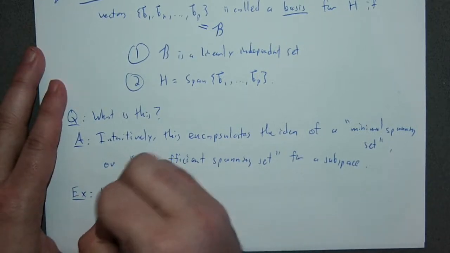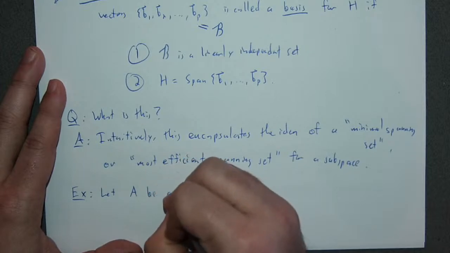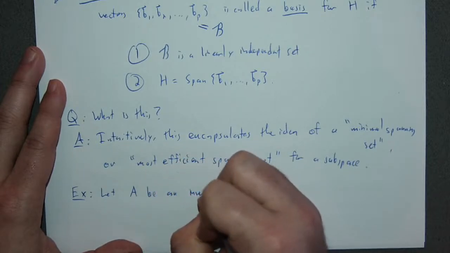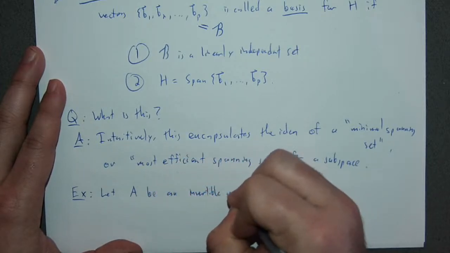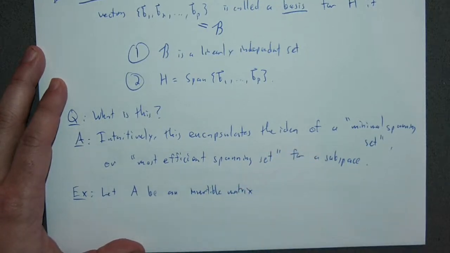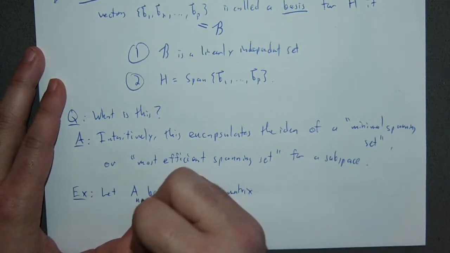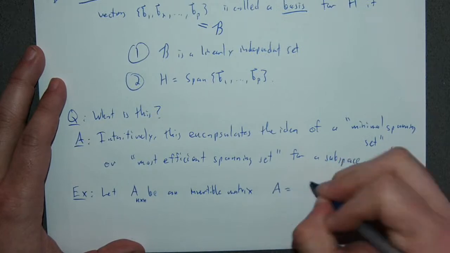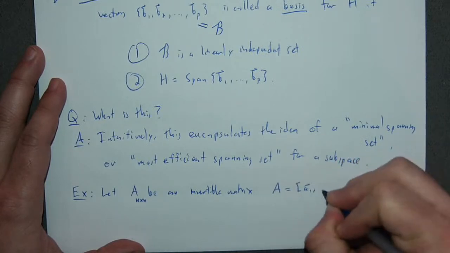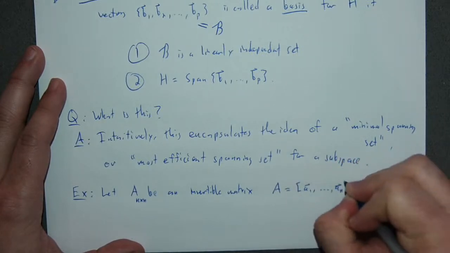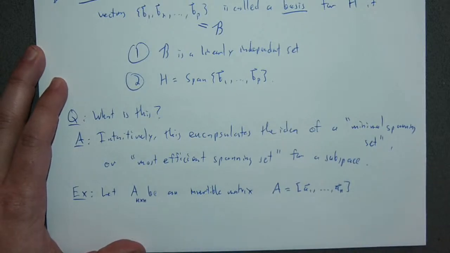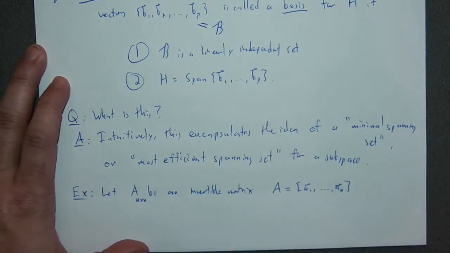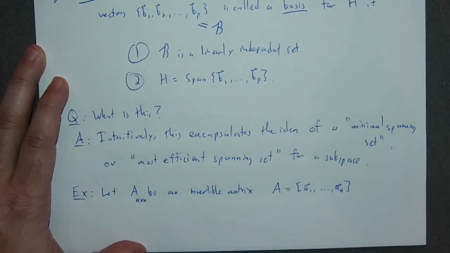Let A be an invertible matrix. So if A is an invertible matrix, it's an n by n matrix. Let's say we have columns here, A sub 1 through A sub n. As an invertible matrix, what's one of the things that I get? If it's going to be invertible, the columns form a basis, right?